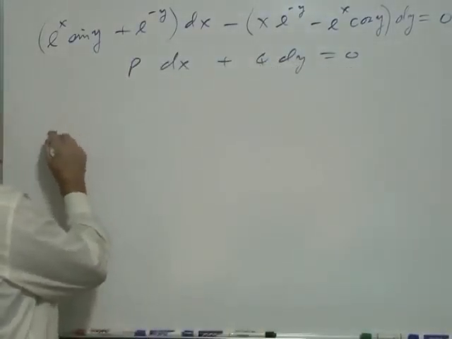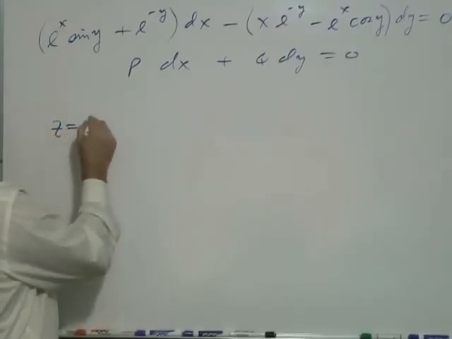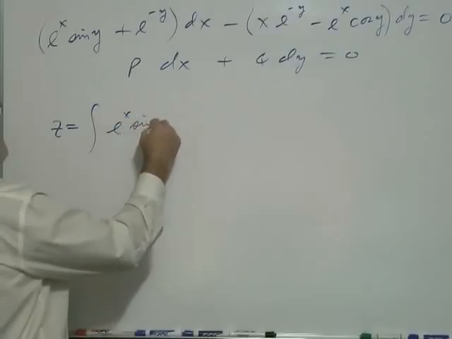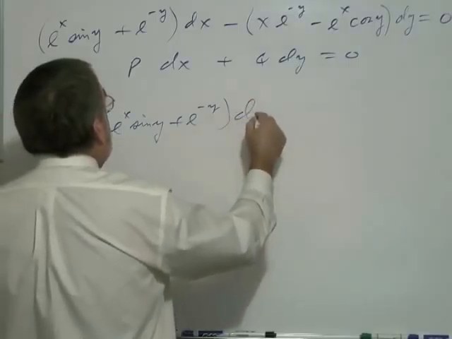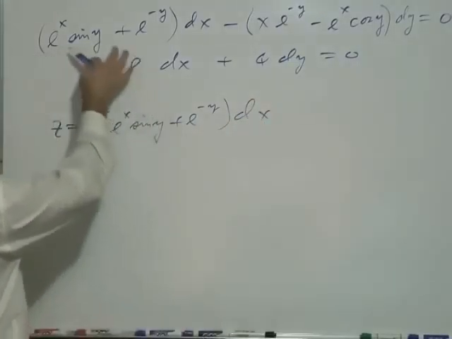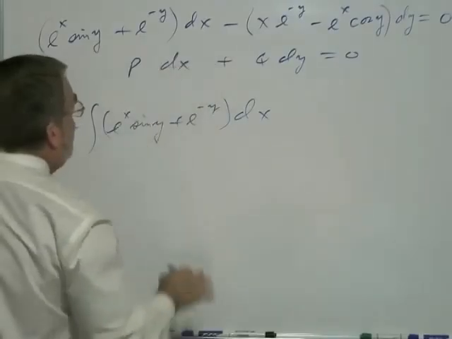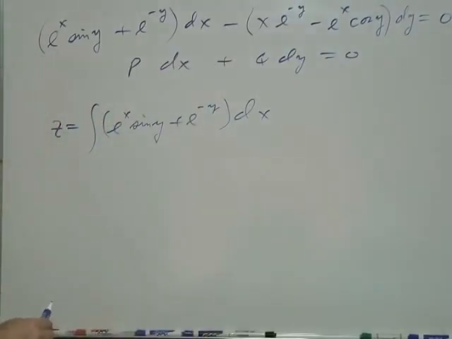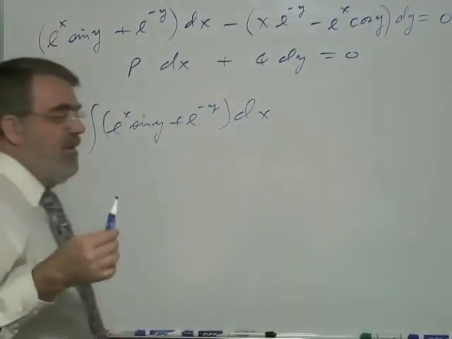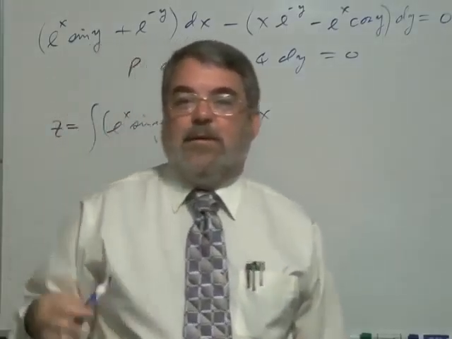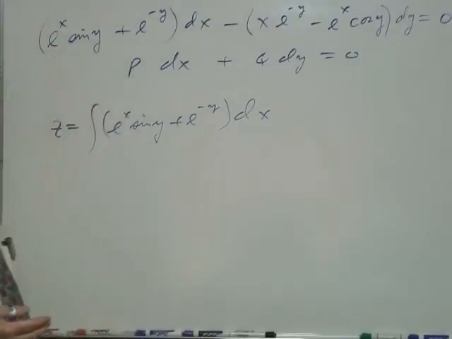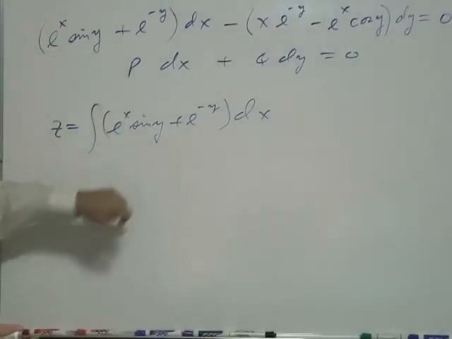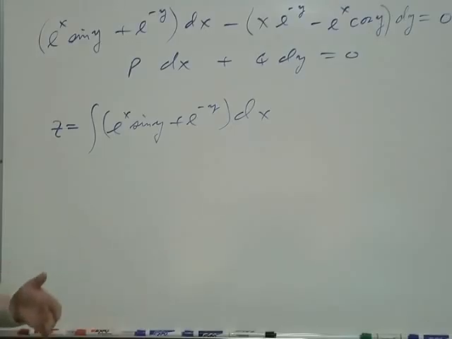And so my function z will be the integral of e to the x sine y plus e to the minus y dx. So I integrate this with respect to x. And again, it's one of these funny integrals that you don't face in ordinary calculus. You're not supposed to integrate with two variables in calculus when you have a single integral. But it's a partial integration.